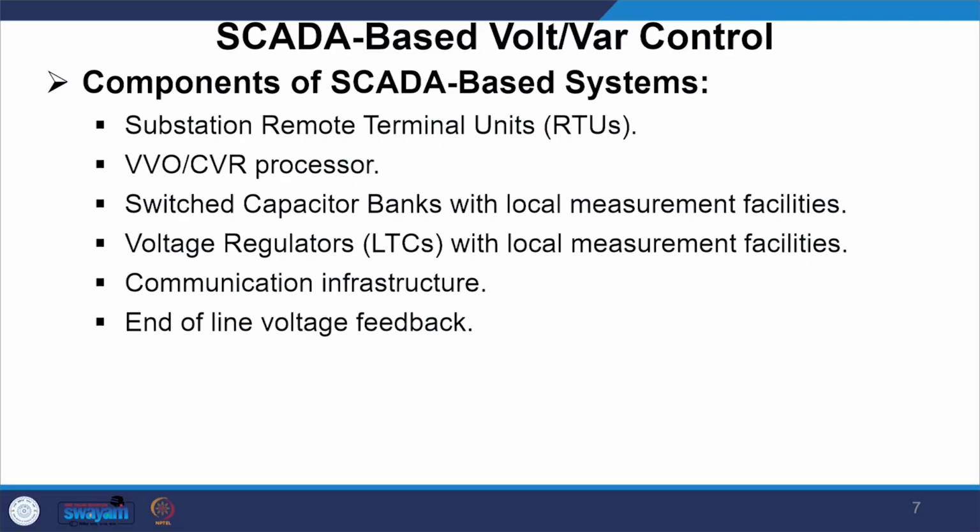Now, let us understand what are the major components of a SCADA-based system. Substation remote terminal units, popularly known as RTUs, VBO CBR processors, switched capacitor banks with local measurement facilities, voltage regulators, LTCs with local measurement facilities, communication infrastructure, and end-of-line voltage feedback.